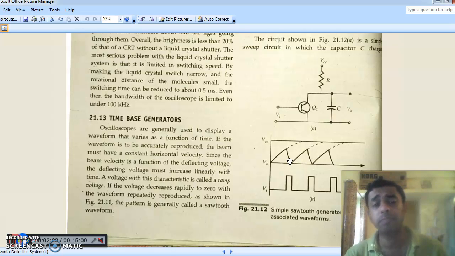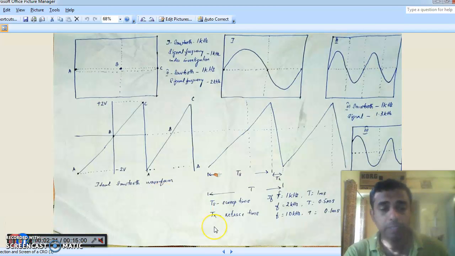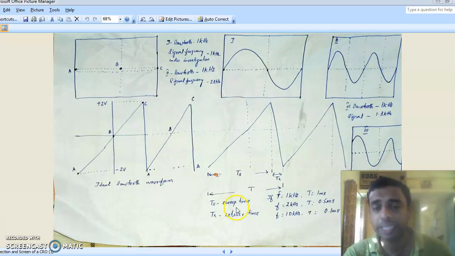This is a basic time-base generator. When I vary the sawtooth waveform frequency, I am varying the time period.